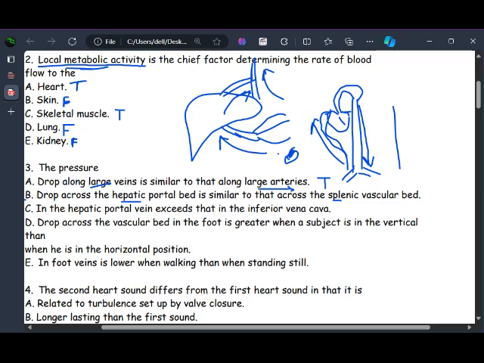Remember that the resistance is inversely proportional to the pressure drop. So if there is very low resistance in this area, the pressure drop is very high. A high pressure drop means how different the pressure is from where it started.